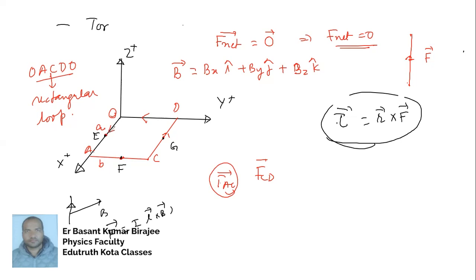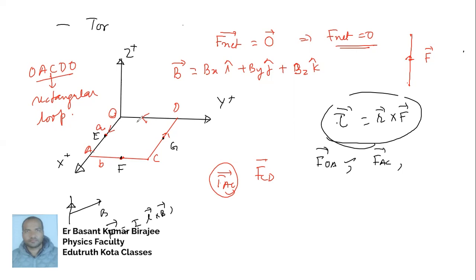So first we'll find out FOA force separately, then we'll find FAC force. The net force is 0, but if you find the value of the individual force on the OA arm, AC arm, CD arm, DO arm, it will have some value. But the resultant force on the loop came out to be 0.